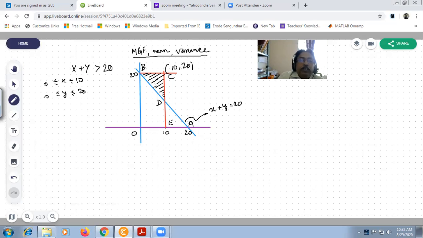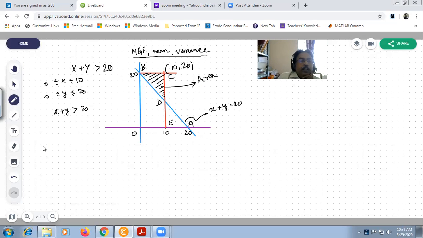And x plus y is greater than 20. So we need the area above the line x plus y equals 20, below 10 and below 20. This is the area we have to find. You understand?